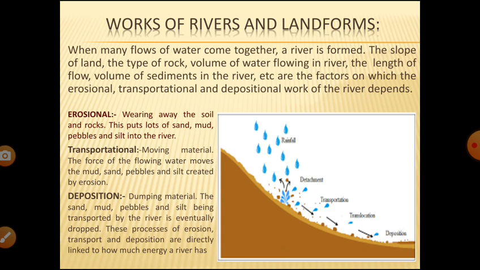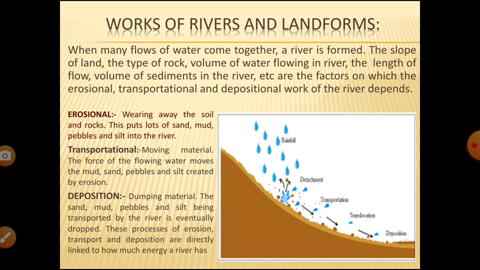The slope of land, the type of rock, volume of water flowing in the river, the length of flow, volume of sediments in the river, etc., are the factors on which the erosional, transportational, and depositional works of the river depend.